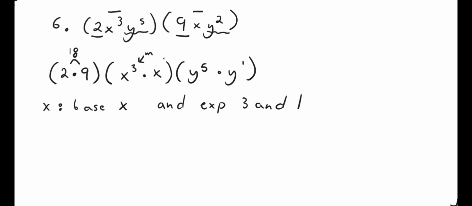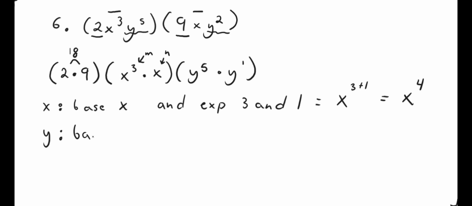Remember that we are going to add these two, so we're going to add the 3 and the 1. So that way, this will turn out to be x to the power of 4.